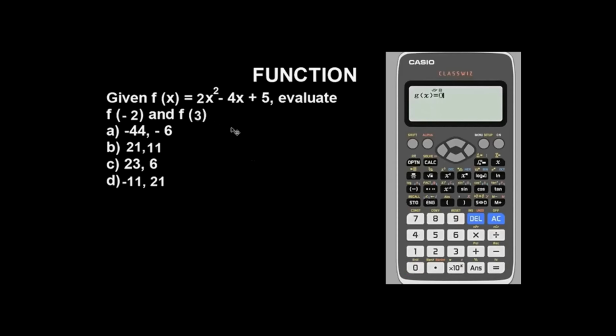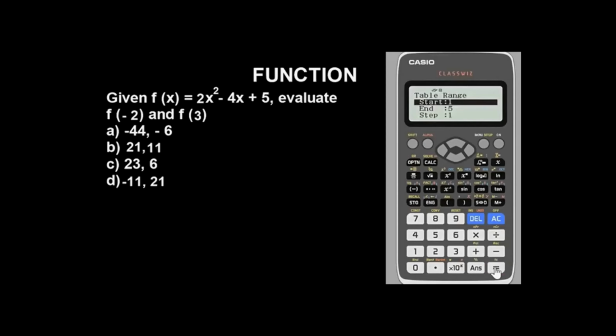Since we don't have g(x) here and want to work with only f(x), put g(x) as 0 and you will get the correct answer. Now that you have done setting up the values, press equal to.